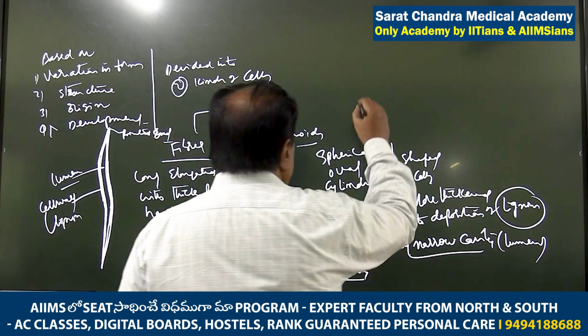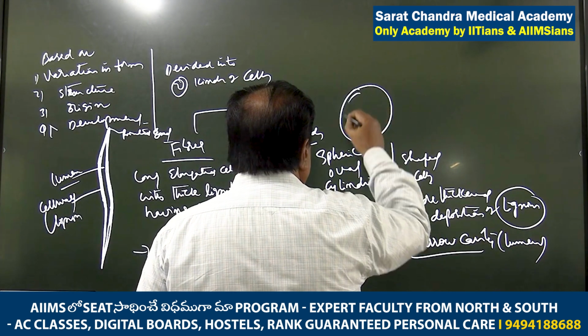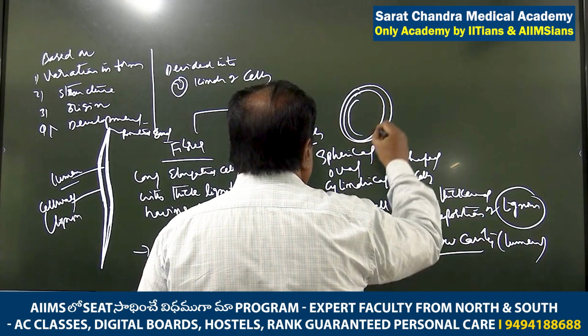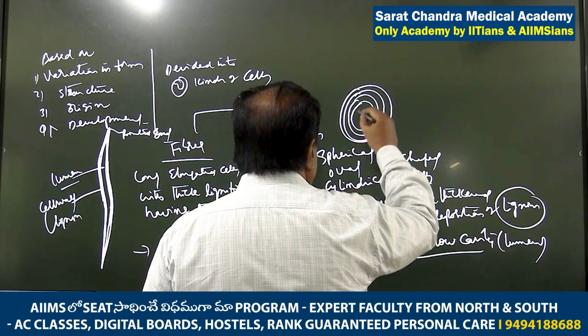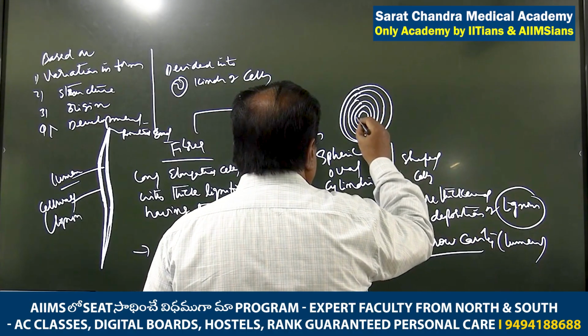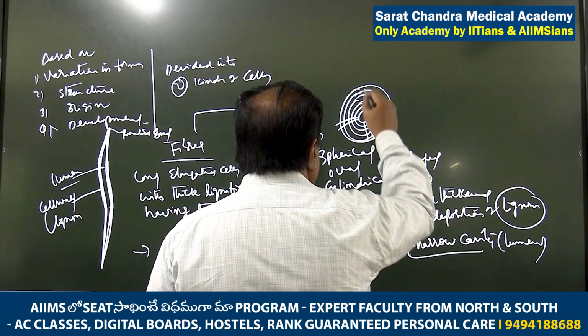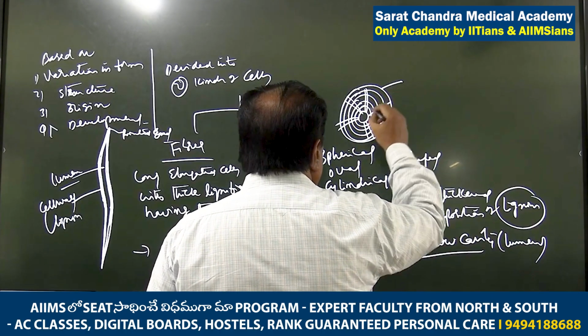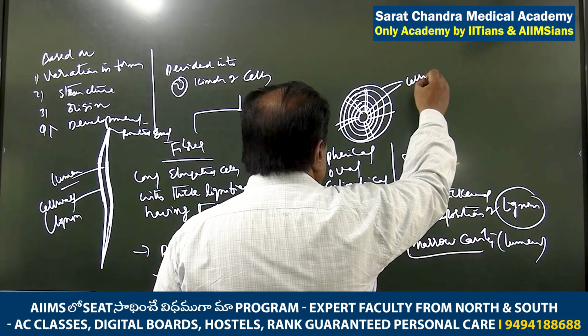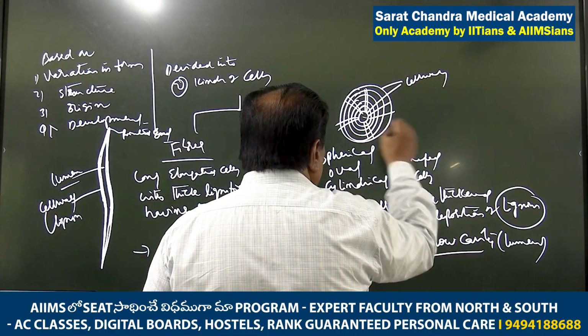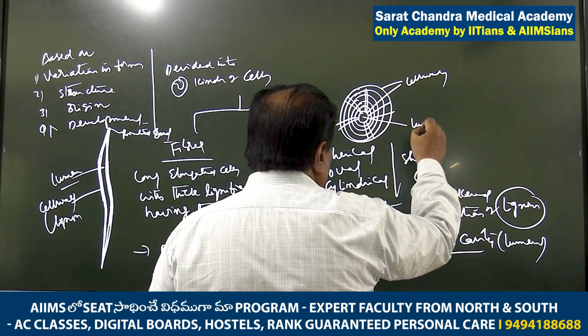So this is sclereids. From here to here, this is the cell wall made up of lignin. This is only the cavity, that is called the lumen.